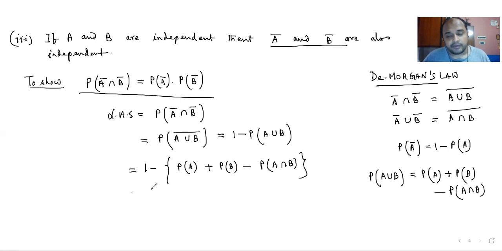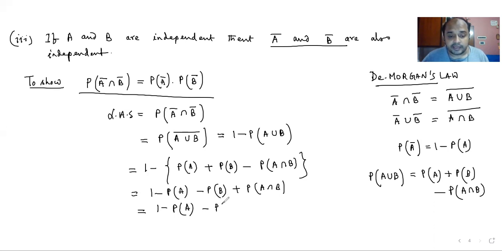Now just a little bit of mathematics. So 1 minus PA minus PB plus P of A intersection B. But remember that A and B are independent. So probability of A intersection B is PA into PB. So I can rewrite the thing as 1 minus PA minus PB plus PA into PB.